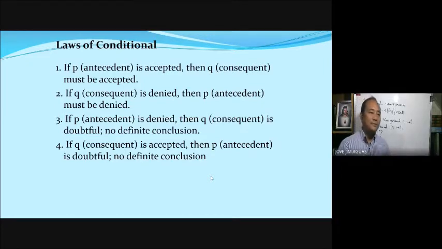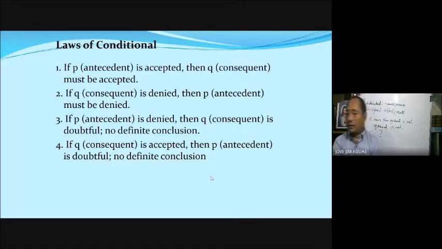Actually, that's a basic rule. No? Although sometimes it may sound like a very complicated rule, but come to think of it, it's a pretty basic rule.